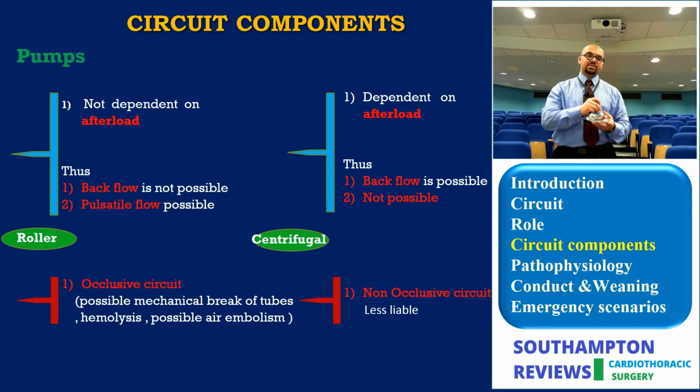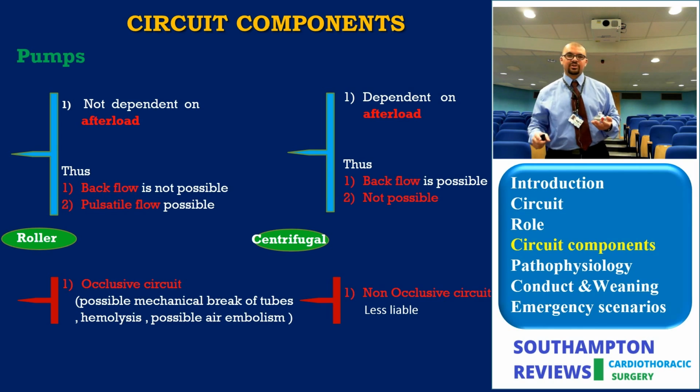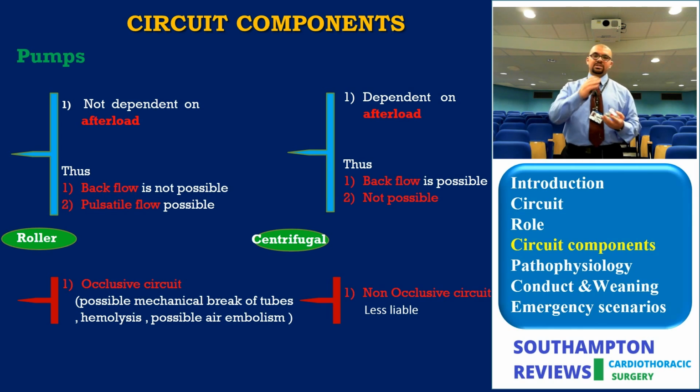The roller pump is run by the machine. So you set the flow rate, you set the revolution rate, and it does it regardless of what's after, what's the afterload, what's the pressure beyond it. Of course, there are pressure detectors which stop the pump if the pressure goes too high. So academically speaking, theoretically speaking, the roller pump is an occlusive circuit.